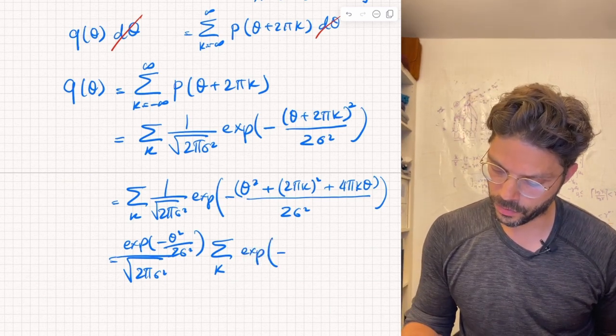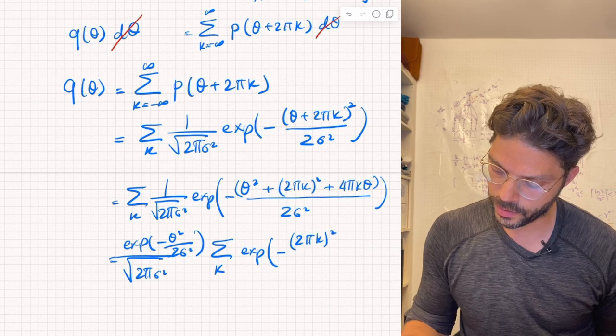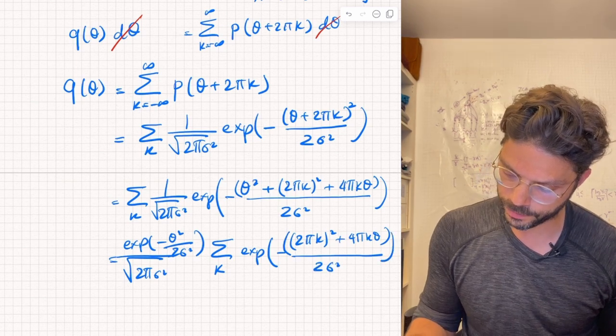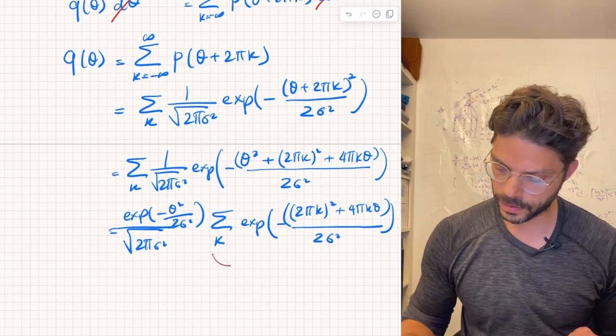And then on top we're going to have 2 pi k squared plus 4 pi k theta over 2 sigma squared. Okay, now I don't know, what is this sum?